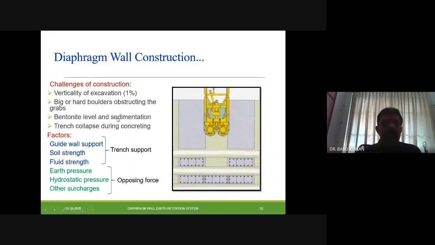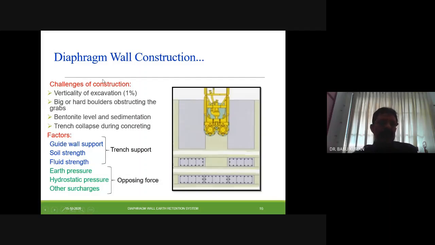And for that, the bentonite should always be uniform, and we are not allowing sedimentation. Sometimes, because of some reasons, sedimentation may take place. If sedimentation is there, the trench will collapse. These are also the challenges. So we have to find proper mechanisms or measures to face these challenges.